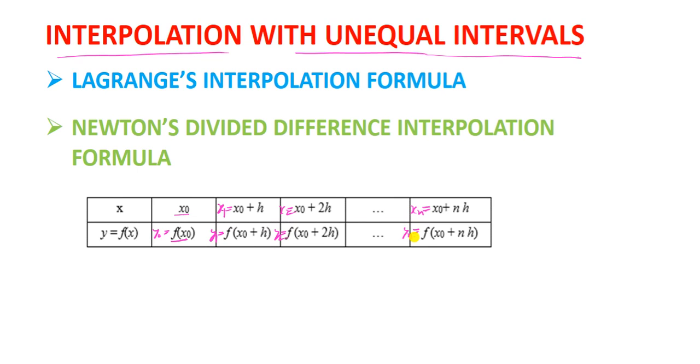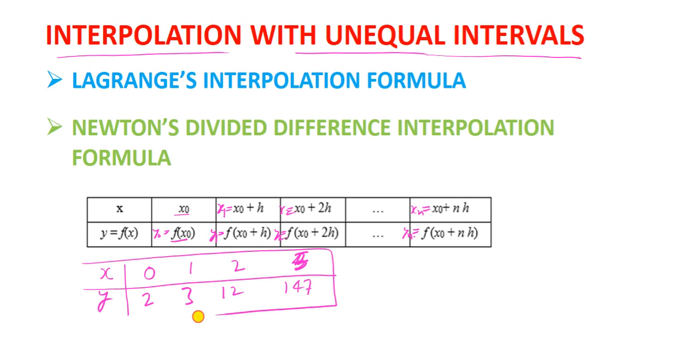That is, the difference between the arguments is not equal. Taking a particular tabulated data, say the x arguments are 0, 1, 2 and 5, and the y values corresponding to the x arguments are 2, 3, 12, 147.